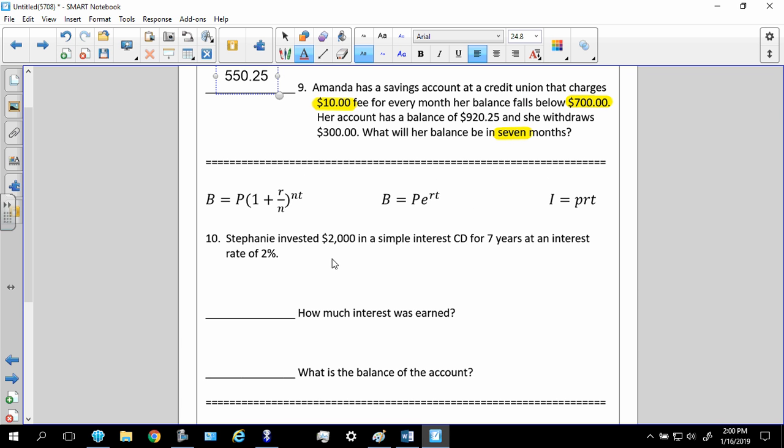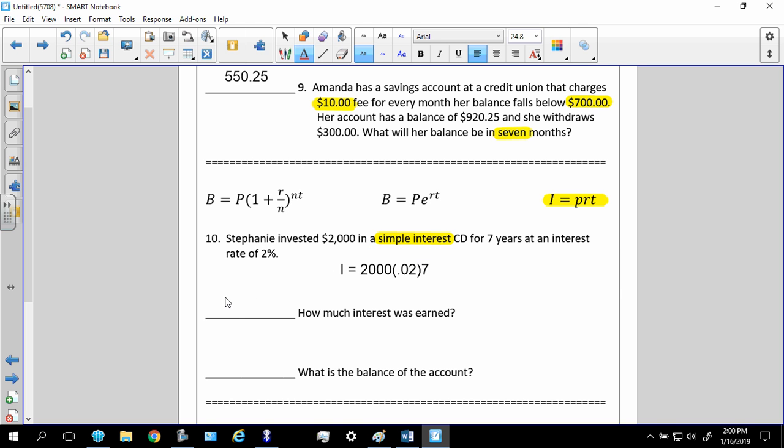All right, so Stephanie invested $2,000 in a simple interest. There it is, that's our simple interest, that's our buzzword. We're going to do that one. So we have I, and that's $2,000. We're going to times that by 0.02 at a rate of 7 years.